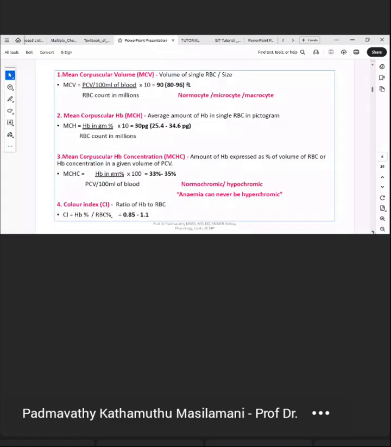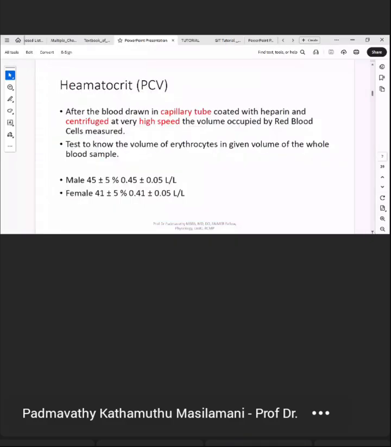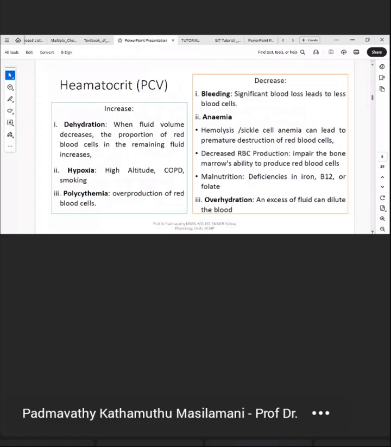So I think the MCHC and MCV calculation we asked already in UOM. Okay, so this question also asked about hematocrit increase. Wherever you see an increase in RBC count, in polycythemia or in hypoxia, that stimulates increased RBC count, and also dehydration, loss of fluid, will increase the hematocrit.